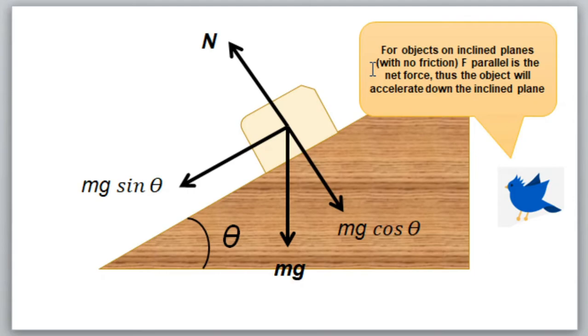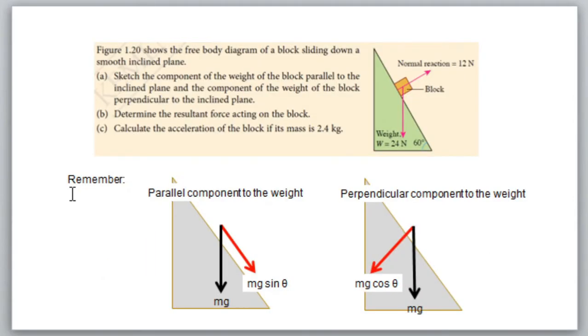Now there's one problem here that needs to be solved. The figure shows the free body diagram of a block sliding down a smooth inclined plane with an angle of 60 degrees. Sketch the component of weight of the block parallel to the inclined plane. This is the keyword: component of weight parallel to the inclined plane.